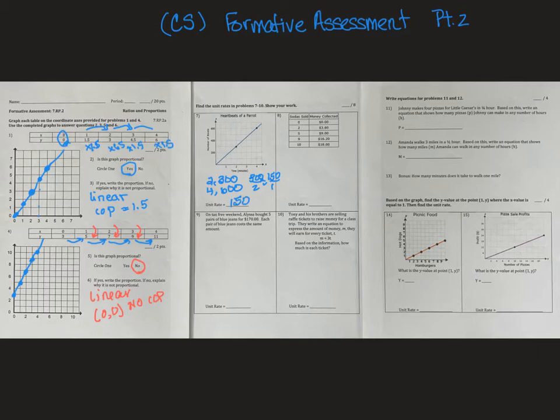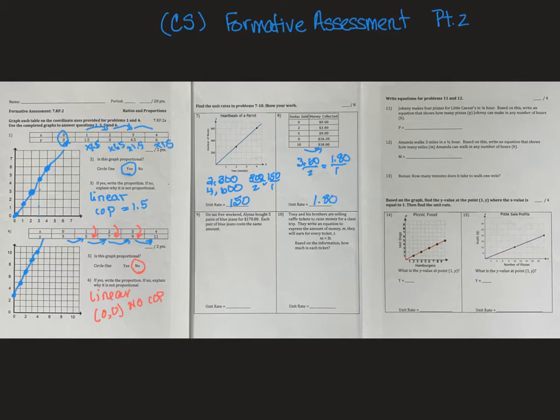In this one, I'm saying, what am I multiplying by each time? So if I have 360, what am I multiplying when x is 1? That would be 180. So that unit rate is 180.